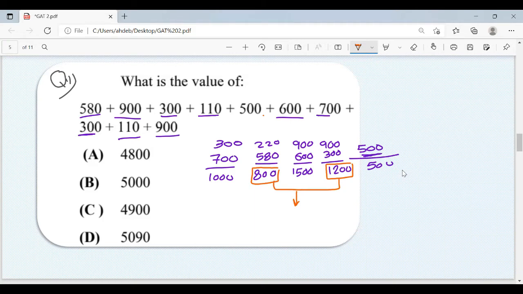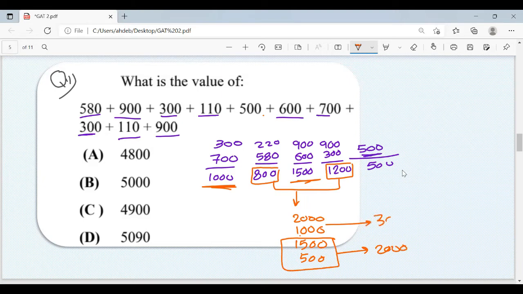Their sum gives you 2000. Plus 1000 plus 1500 plus 500. Their sum gives you 2000, and their sum gives you 3000. Then the final answer will be 5000, which is B. So the answer is B.